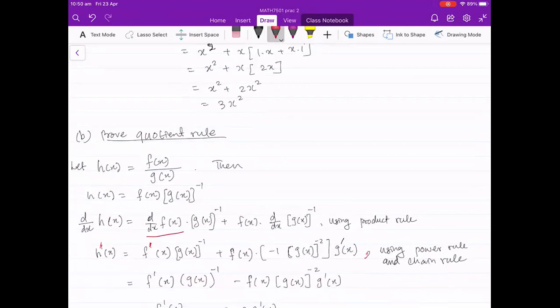So this is f dash x, and to get this, the derivative of g to the power -1, I use the chain rule and the power rule.